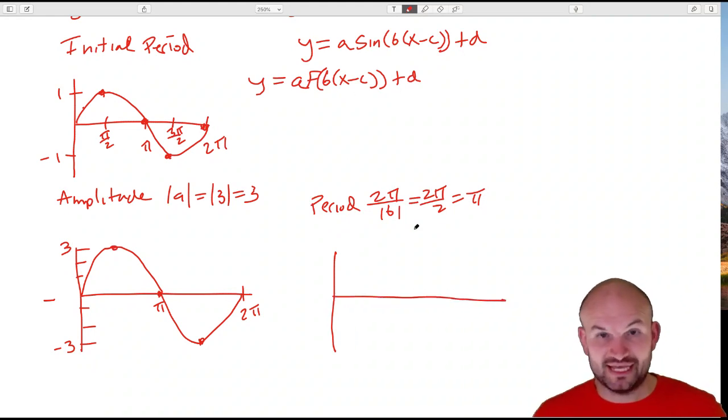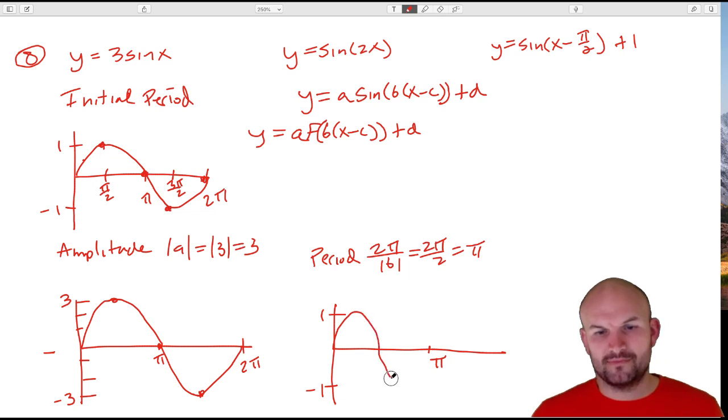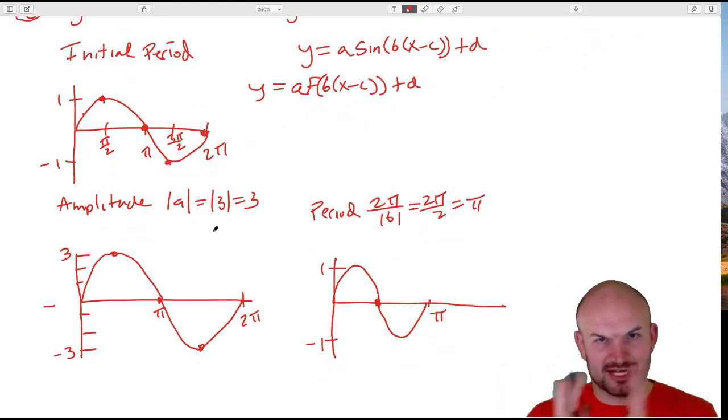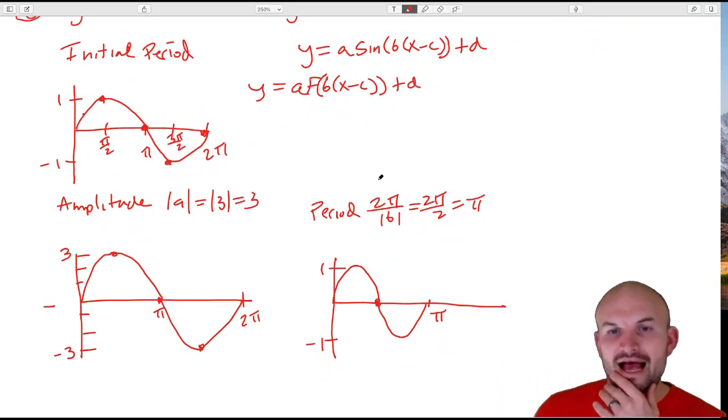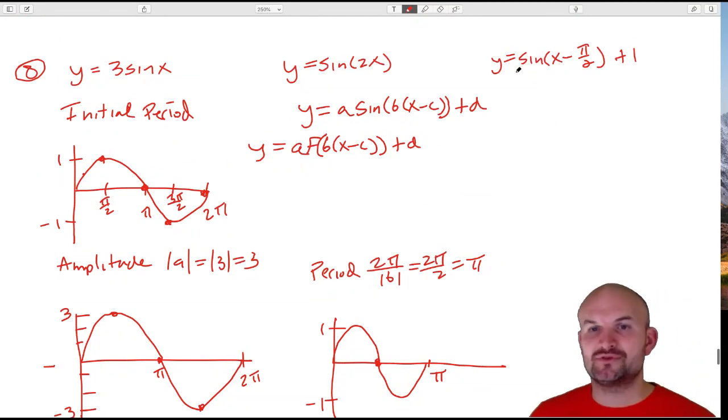Because the amplitude is 1. But if I was going to call this point pi, you can see the graph is being compressed, right? If I was going to try to make it to scale based on those other graphs, you can see how everything is being compressed a little bit more.